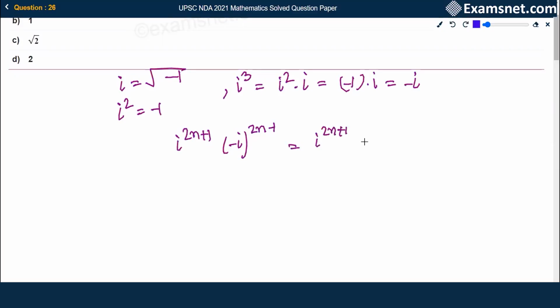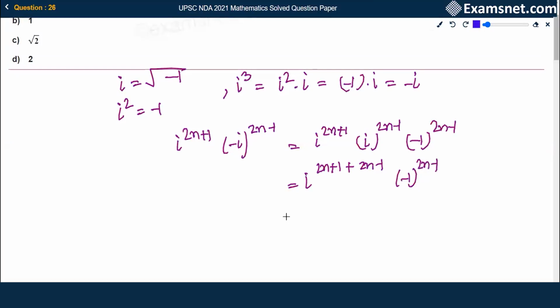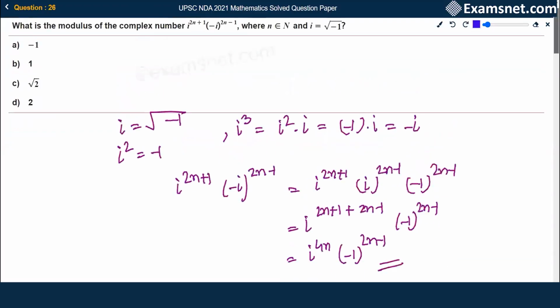When the base is the same, we will add the powers if they are in multiplication relation. So i to the power 4n minus 1 whole to the power 2n minus 1. So this is the simplified form of the given expression.